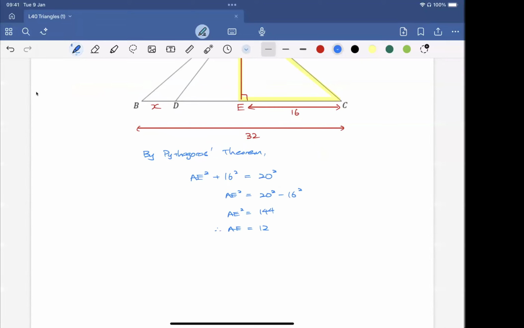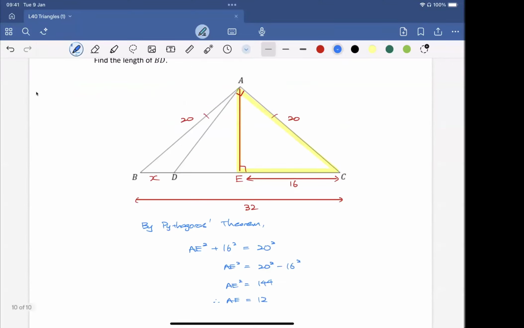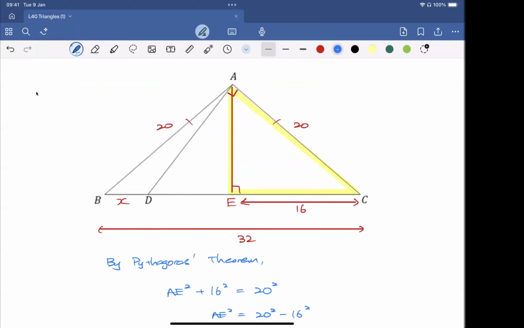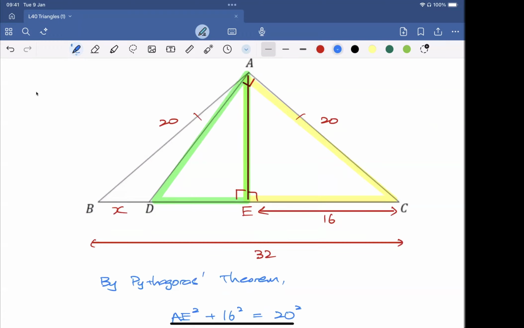Good, now we got this. Next, let's look at another triangle. Let's look at the triangle AED, the green triangle. It is once again a right angled triangle. By the way, if this is 16 and this is 32, that means this length must be 16.